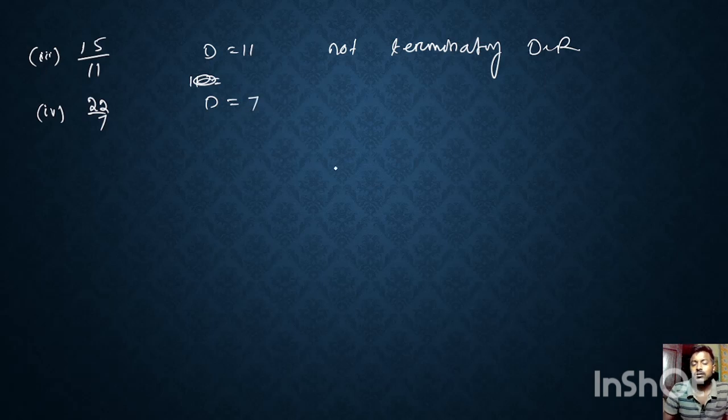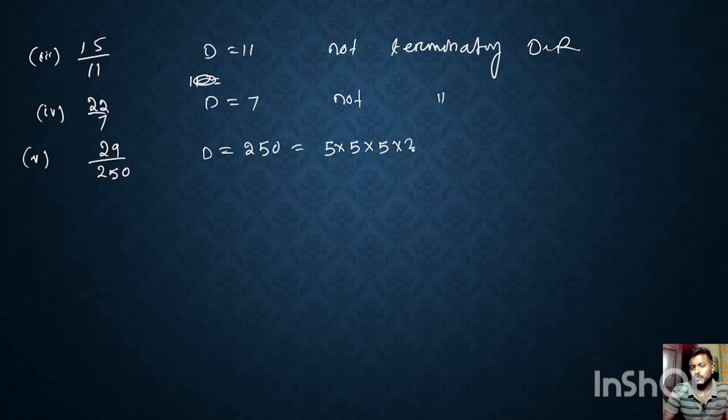It is not a factor of 2 and 5, that's why it is not a terminating decimal representation. Now next B number, that is 29 divided by 250. So here the denominator is 250. First we find the prime factorization, that is 5 into 5, 25 into 5 into 2. So yes, it is a terminating decimal representation.